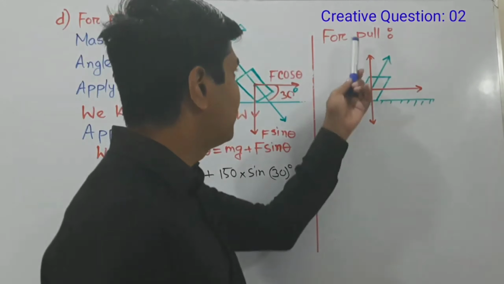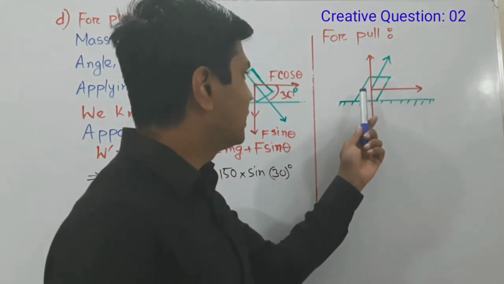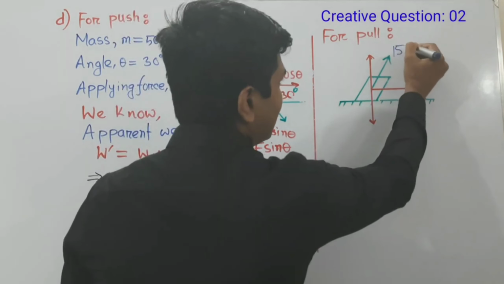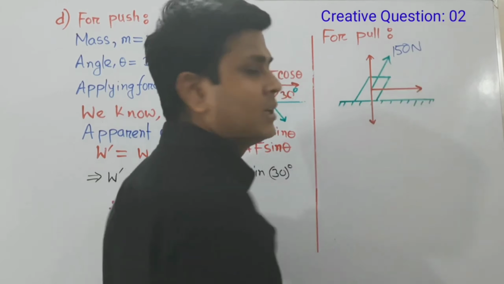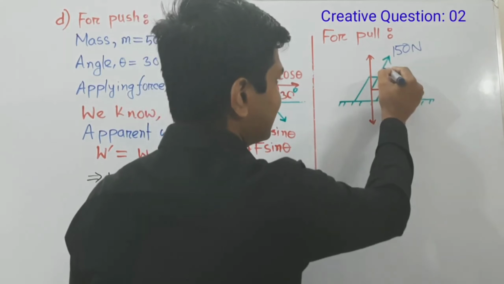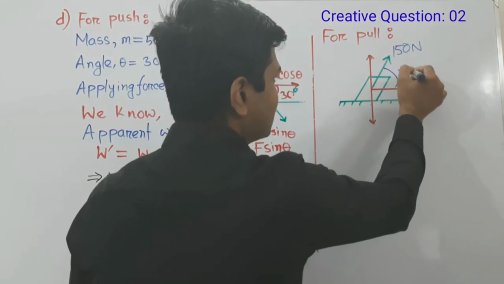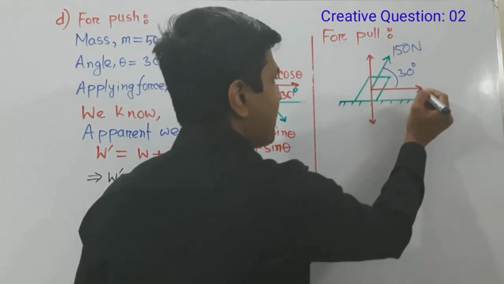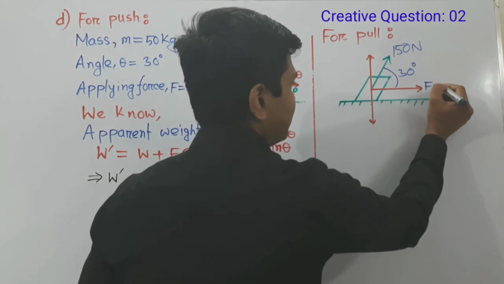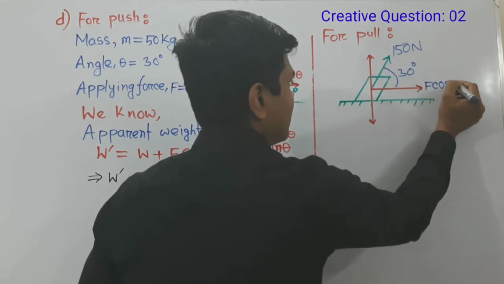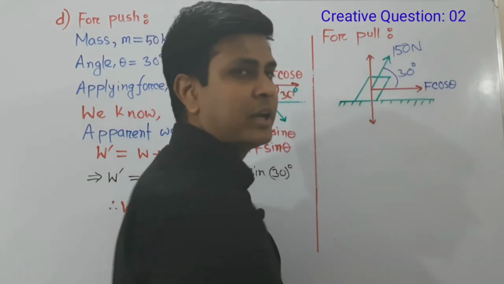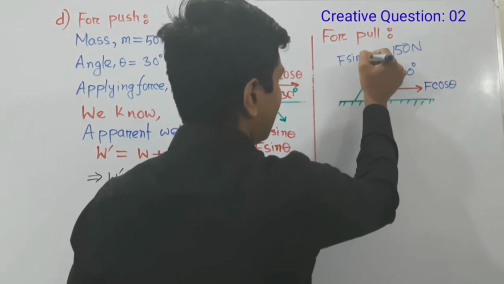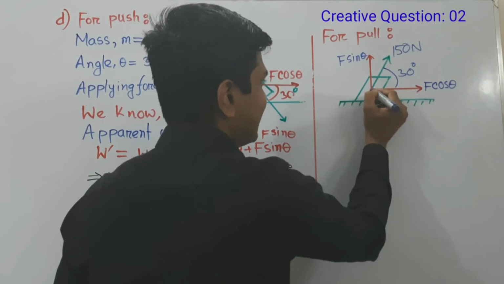In case of pulling the suitcase, suppose the suitcase is pulled by the same force 150 Newton by making the same angle, that is 30 degree, then the horizontal component of the applying force will be F cos theta and the vertical component will be F sin theta. And this is the center of gravity.